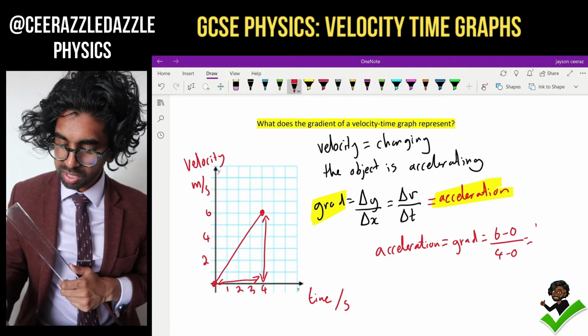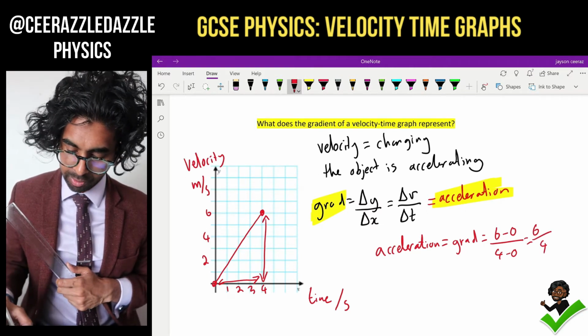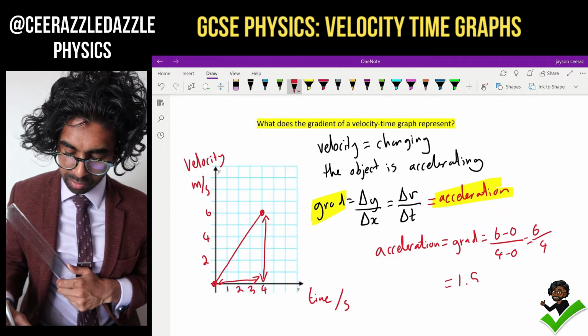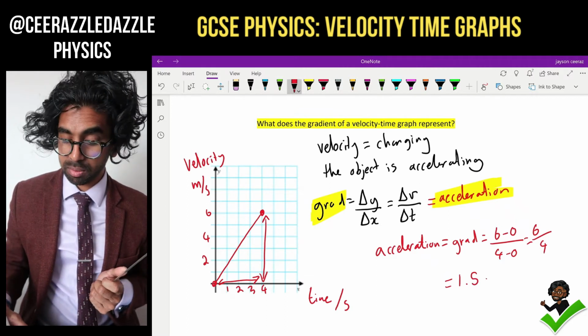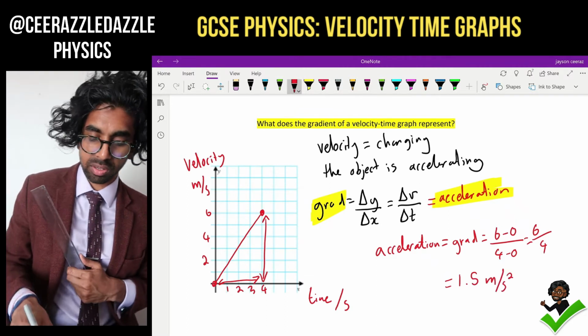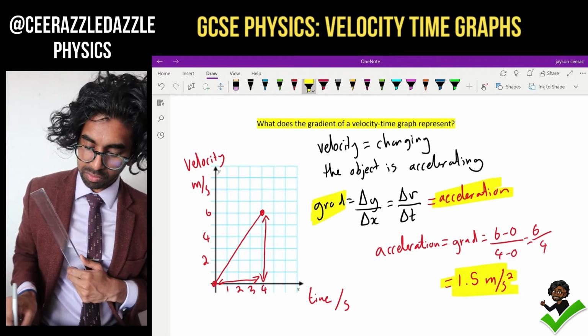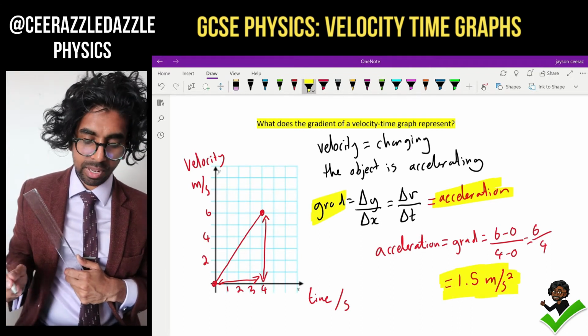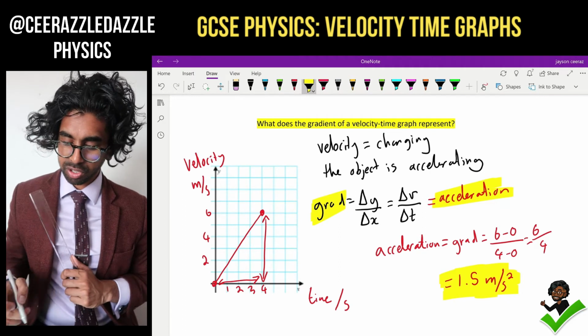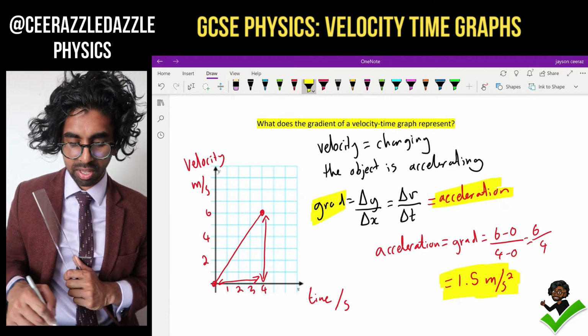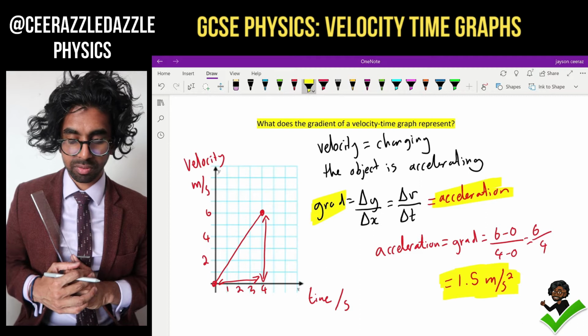So therefore 6 over 4 is 1.5, and the units for acceleration are meters per second squared. Wonderful. So acceleration is change in y over change in x, and therefore it's the gradient of this graph.